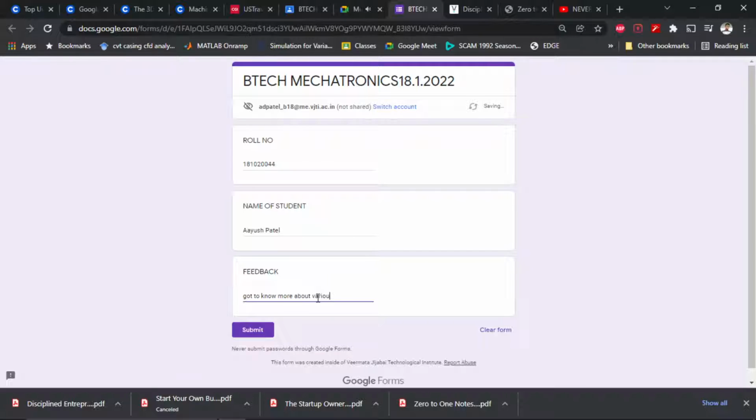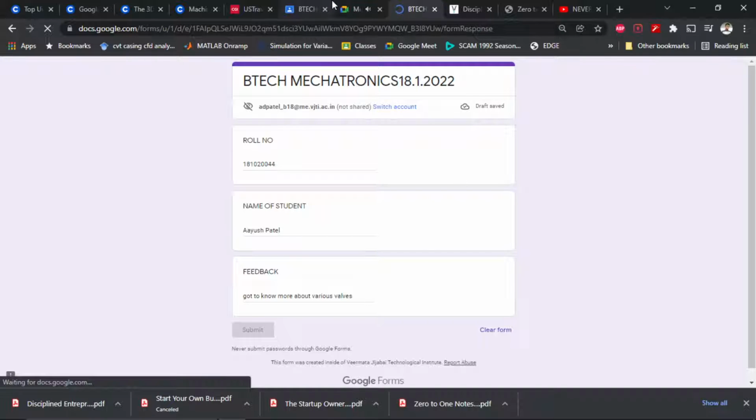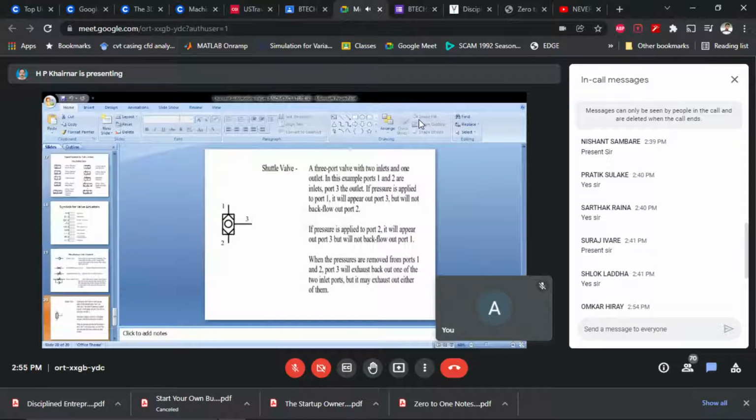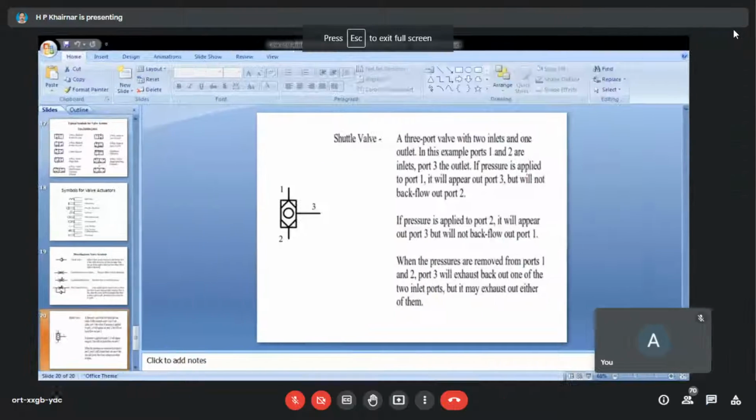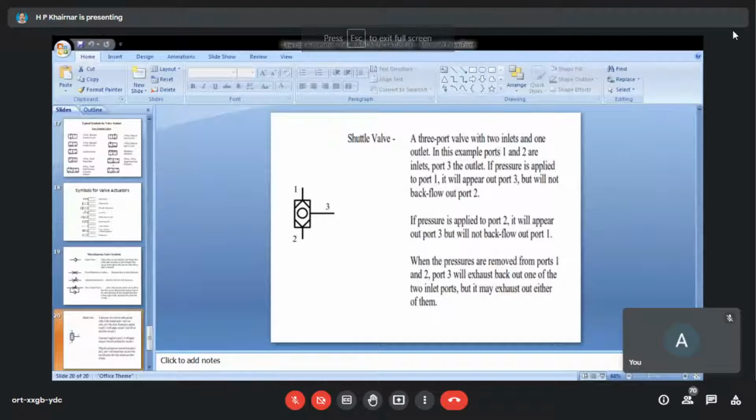And when the pressures are removed from ports 1 and 2, port 3 will exhaust back out one of the two inlet ports, but it may exhaust out of either of them. Shuttle means you might already have observed, this is something like a pressure relief situation. If you want to create that, this particular valve is used, that is the shuttle valve.